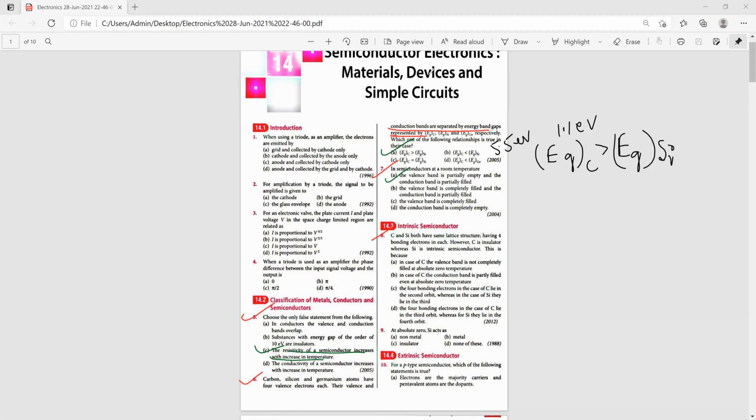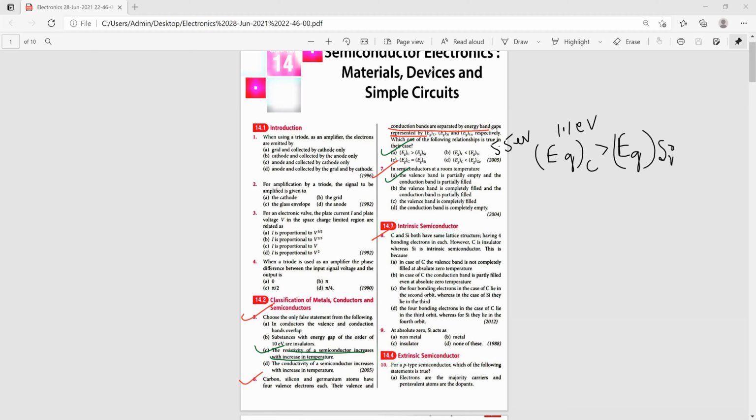Second one, in case of carbon, the conduction band is partially filled even at absolute 0 temperature. Third one, the 4 bonding electrons in case of carbon lie in the second orbit, whereas in case of silicon, they lie in the third. Fourth one, the 4 bonding electrons in case of carbon lie in the third orbit, whereas for silicon, they lie in the fourth orbit.